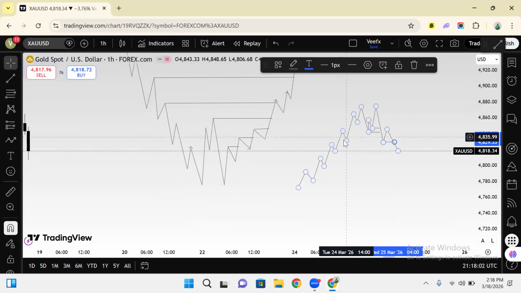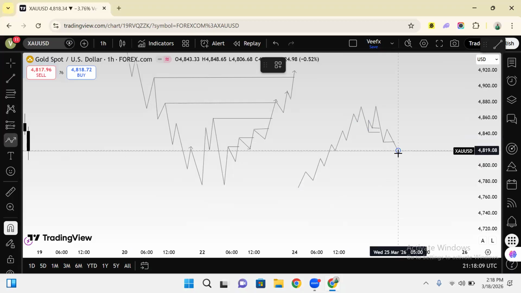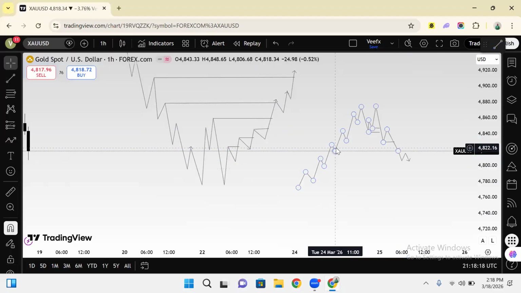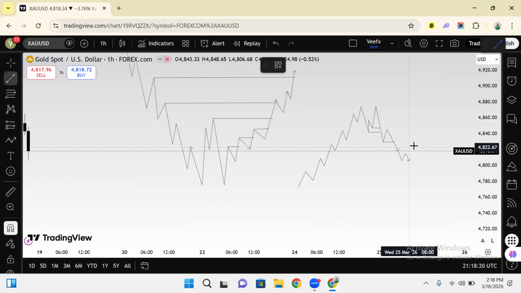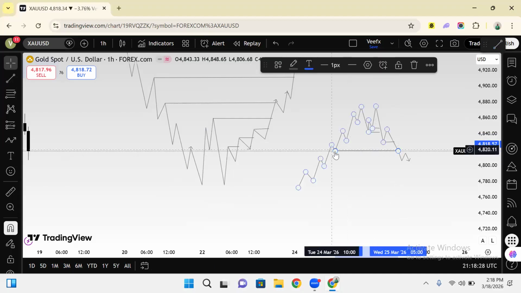So if the market goes ahead and takes out this other low here, so let's say something like this happened. Now, remember, this is a single break of structure. But now, the moment the market takes out this low, this is a key level low, right?